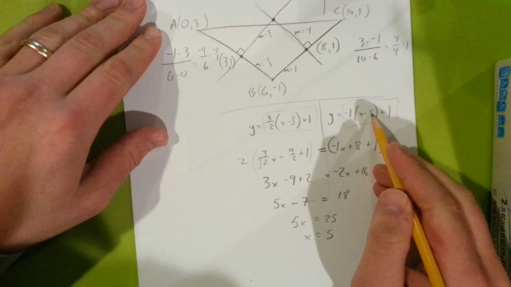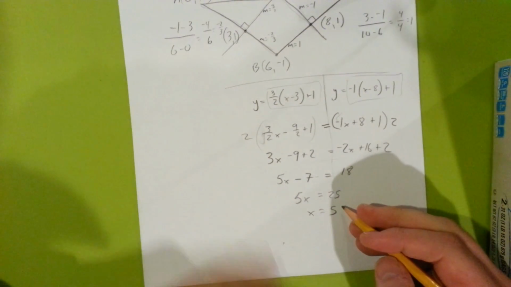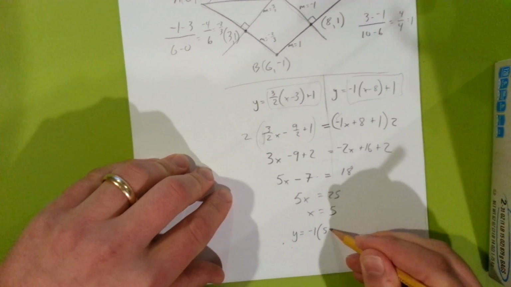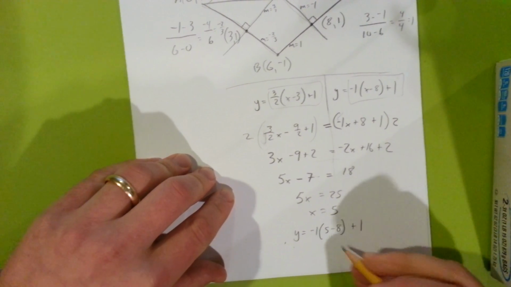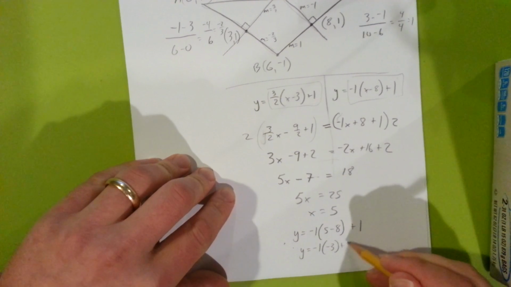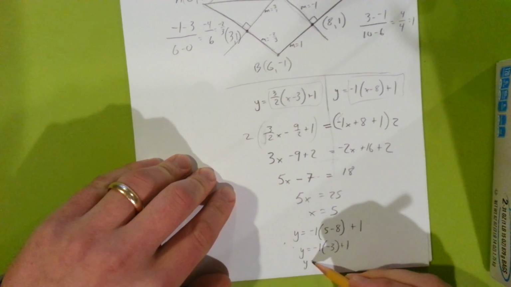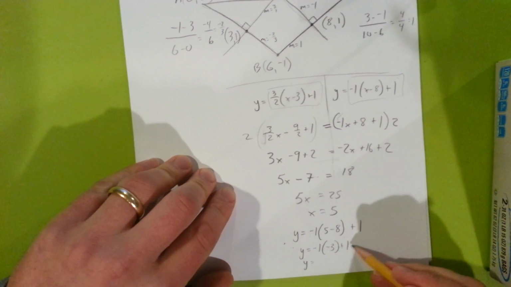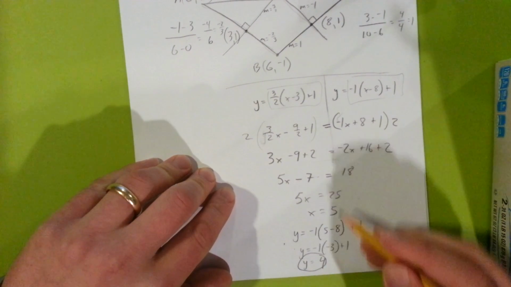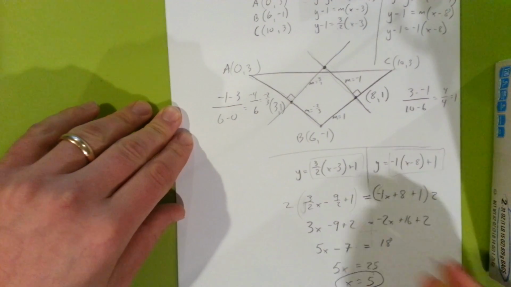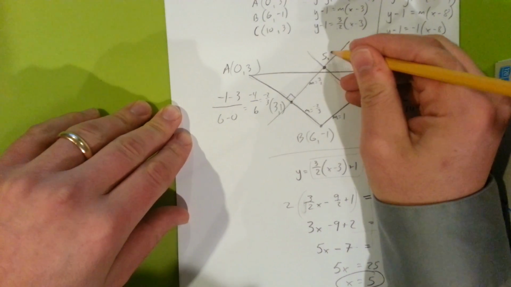I'm going to plug it into this one just because it's a little bit easier, I don't have to deal with the fraction. So y is equal to negative 1 times 5 minus 8 plus 1. So y is equal to negative 1 times negative 3 plus 1. Negative 1 times negative 3 is positive 3, plus 1 gives me 4. So the coordinates of the circumcenter are 5, 4.